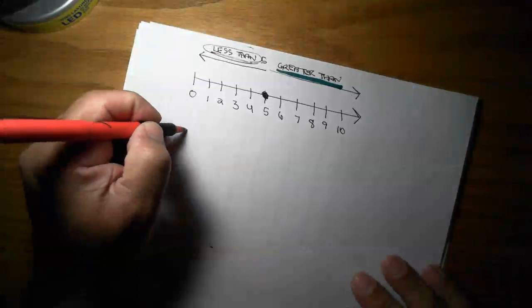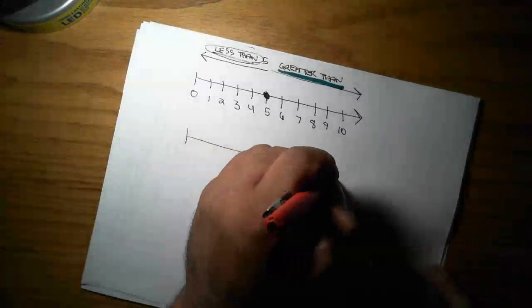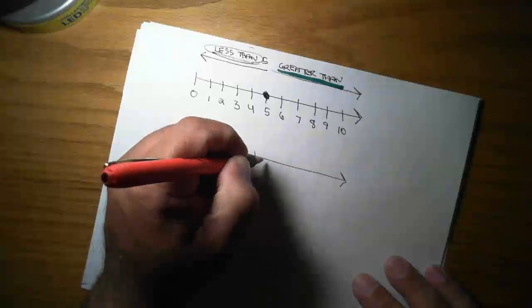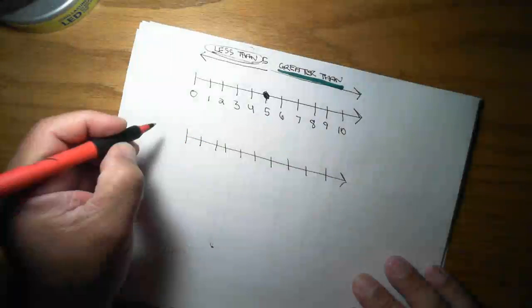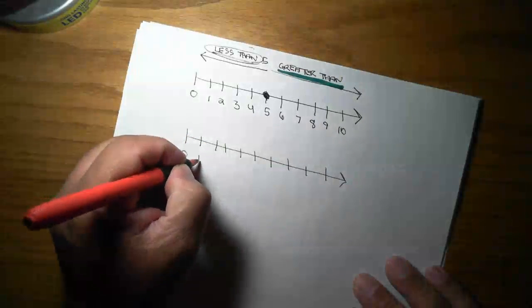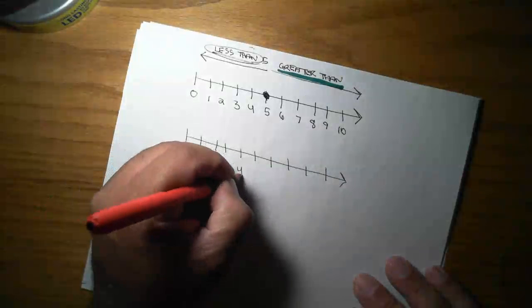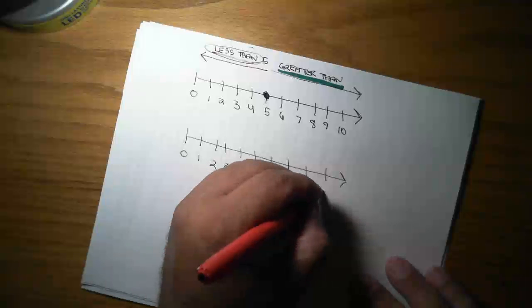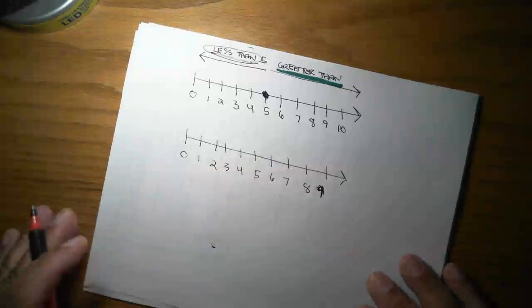Okay, so we have a number line. And let's draw the numbers 0, 1, 2, 3, 4, 5, 6, 7, 8, 9. That's a terrible 9, Mr. Lampley. 9, and so on and so on.